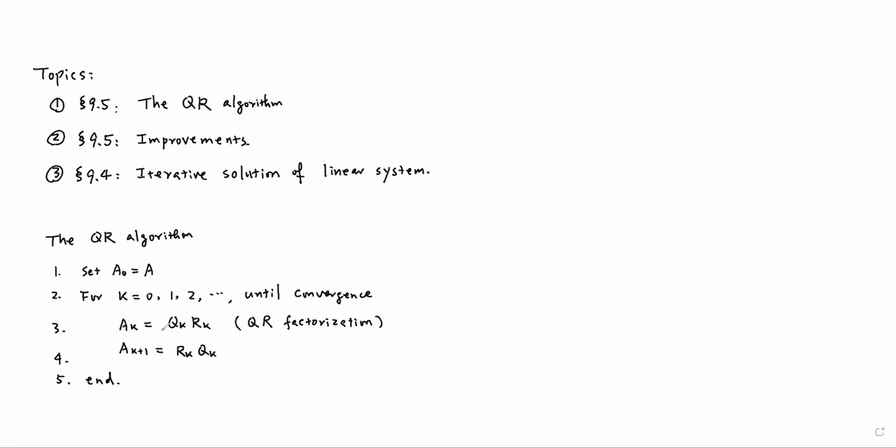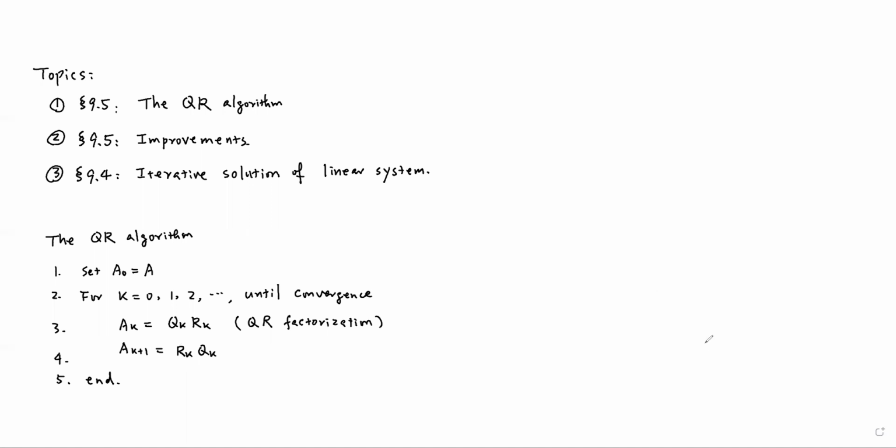Then after we get the QR factorization, multiply the two factors Q and R in reverse order to get a new matrix. Then repeat these two steps again and again.